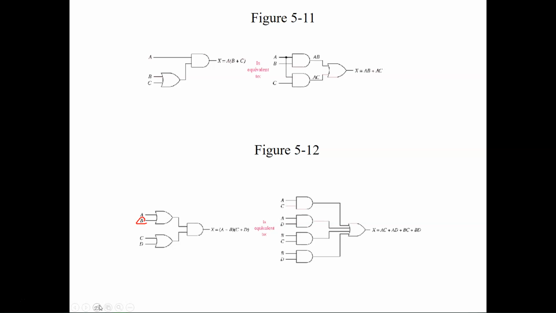Or you can go backwards and say C could be paired to A or B, or D could be added to A and B. But you essentially have to have a minimum of one signal from each to make this gate right here open. I have to have a minimum of one from each side because that would be activating the OR gates, which would then send your signal to your AND gate.